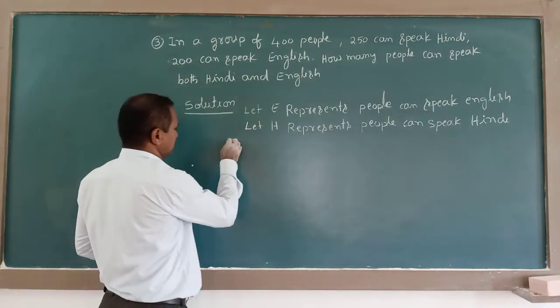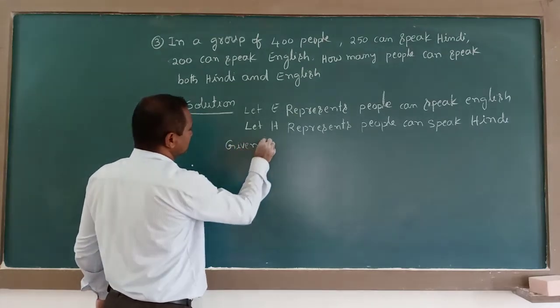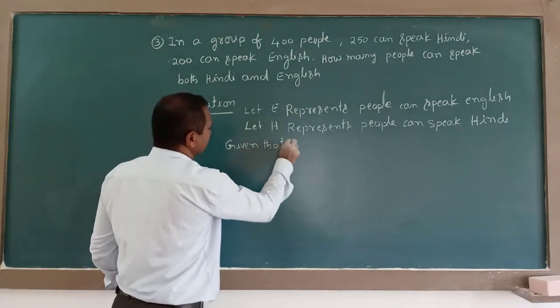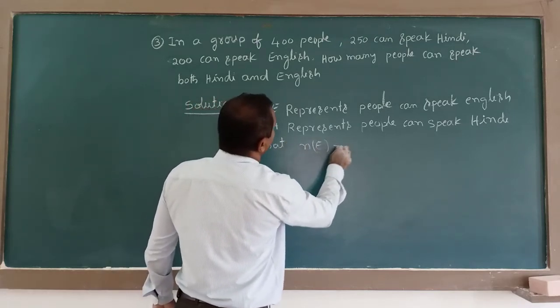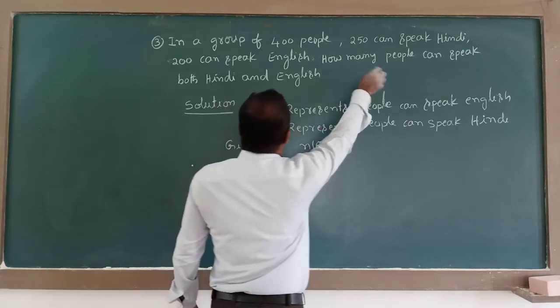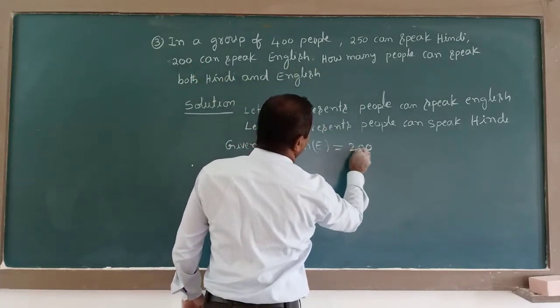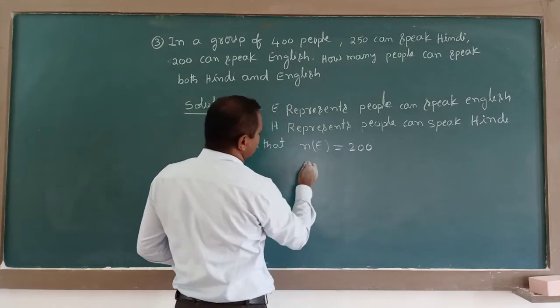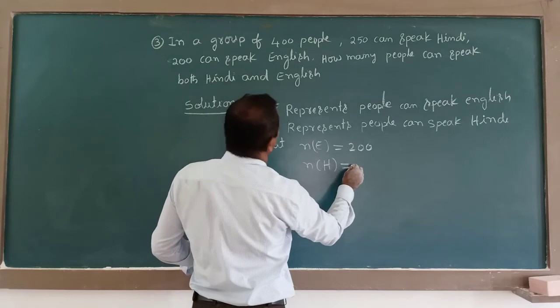Based on those two letters, what they gave in the question, we should take. Given that n of E is equal to 200, n of H is equal to 250.